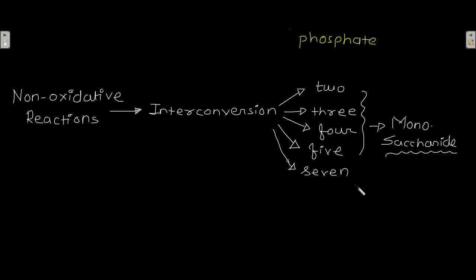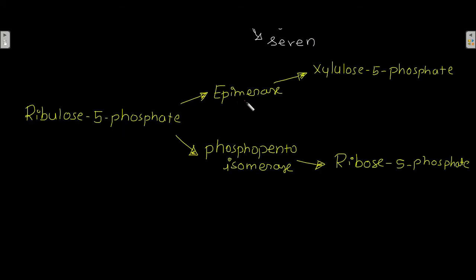When epimerase enzyme acts on ribulose 5-phosphate, then ribulose 5-phosphate is converted into xylulose 5-phosphate, and when phosphopentose isomerase acts on ribulose 5-phosphate, then ribose 5-phosphate is produced.